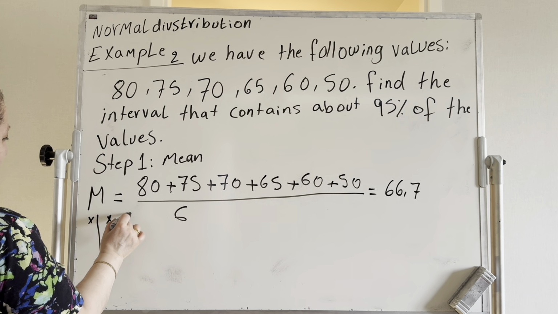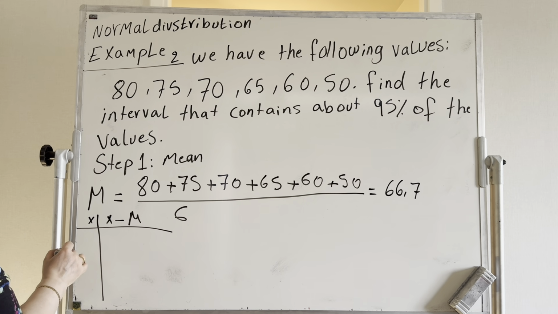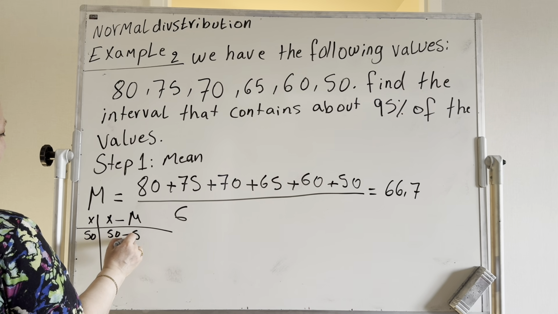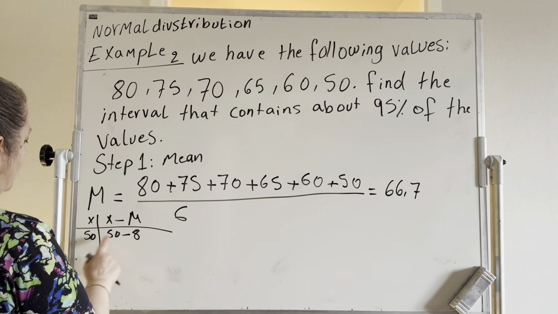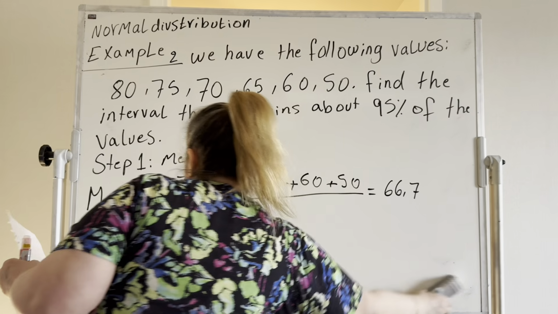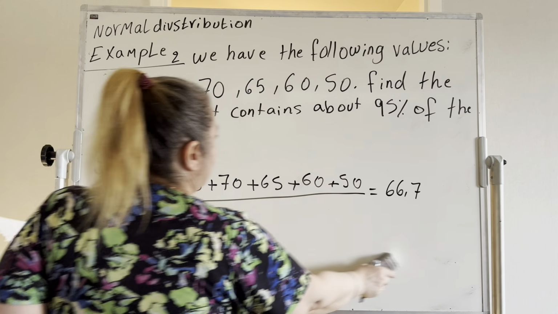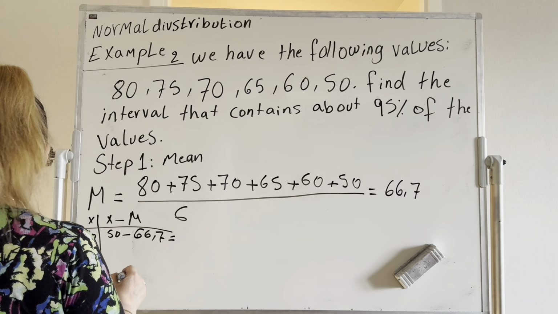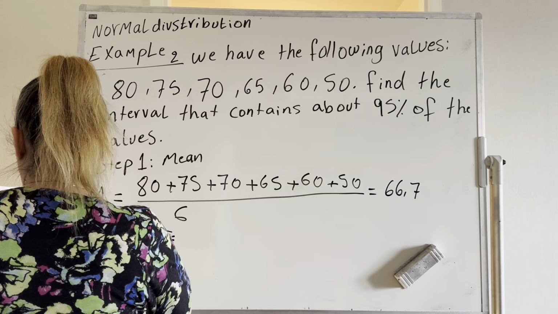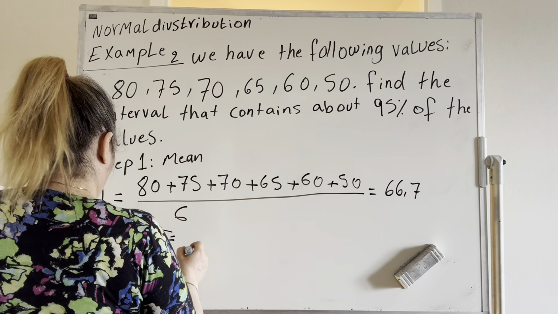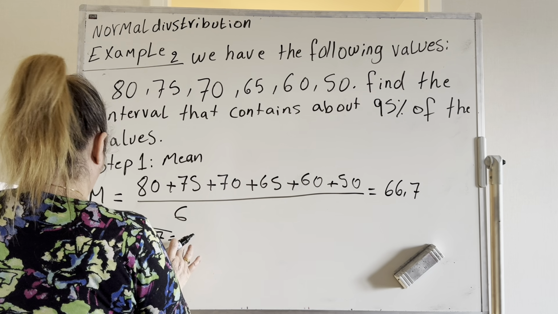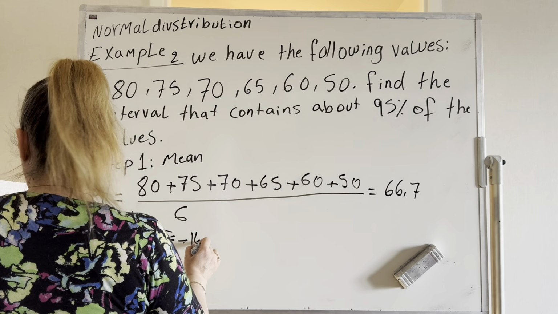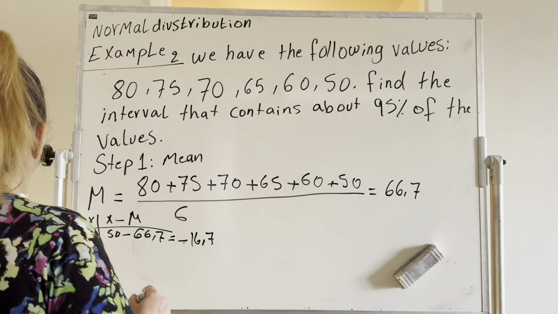x minus mu. When x equals 50, 50 minus 66.7 equals minus 16.7.